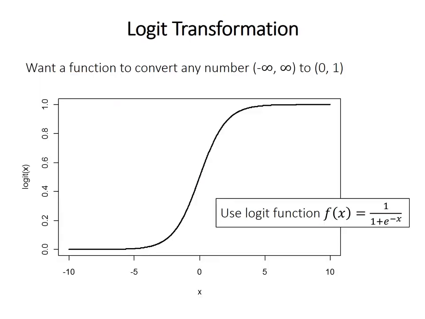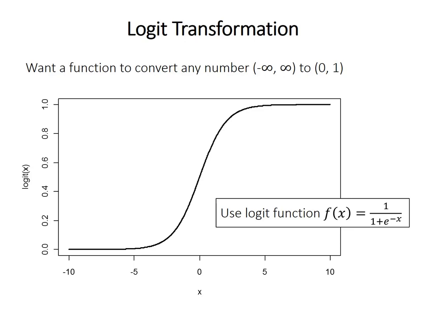So a couple slides ago I mentioned that one of the problems with applying linear regression, aside from the fact that this sort of data violates almost all the assumptions, is that it can imply probabilities greater than 100% or less than 0%, which obviously can't be correct. So we need to find a way to make sure that the probability is always between 0 and 1.